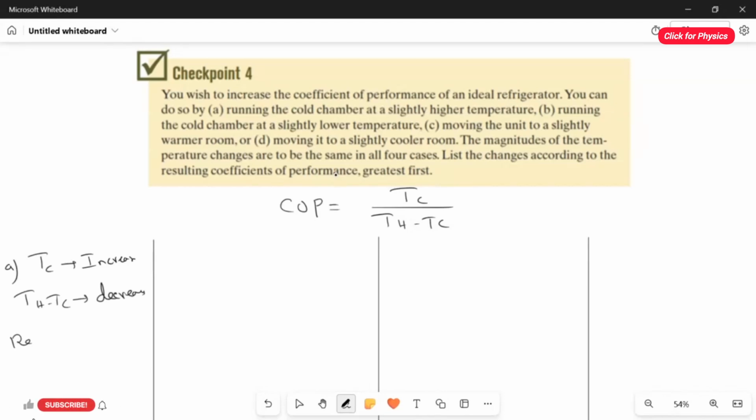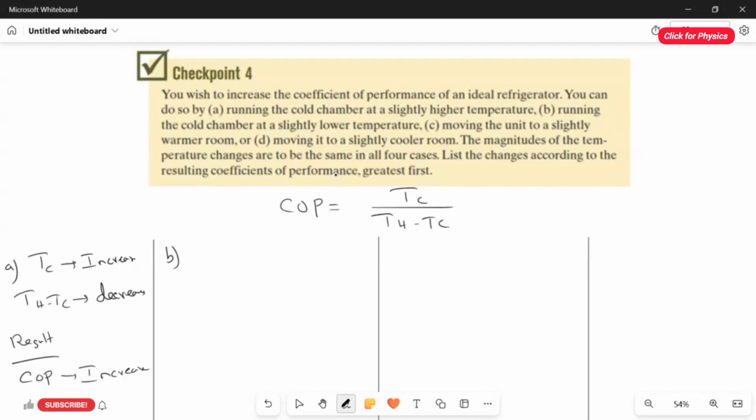When the denominator decreases, the coefficient of performance will increase. So this is the explanation for the first point. By increasing the cold chamber temperature, we can increase the coefficient of performance.